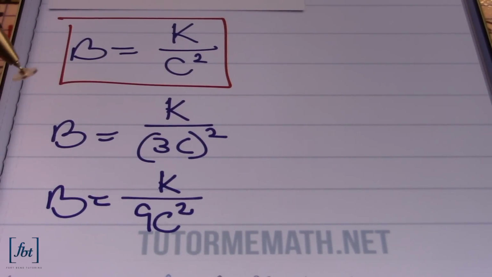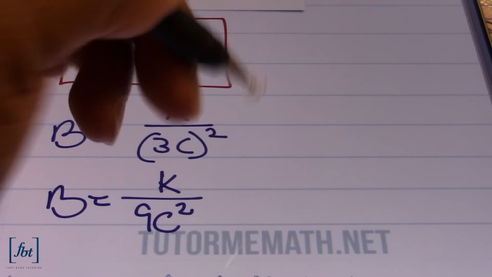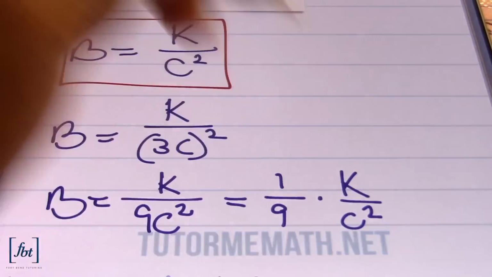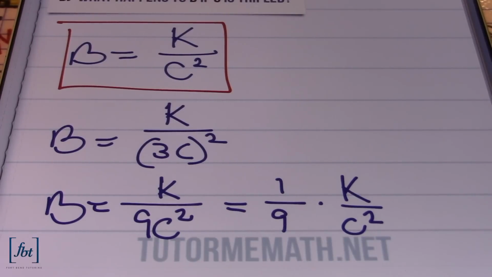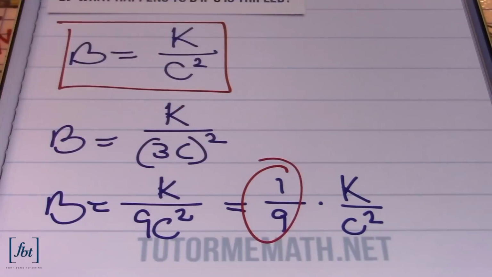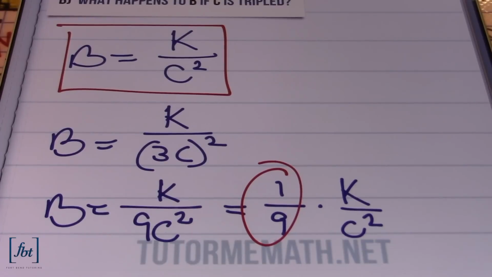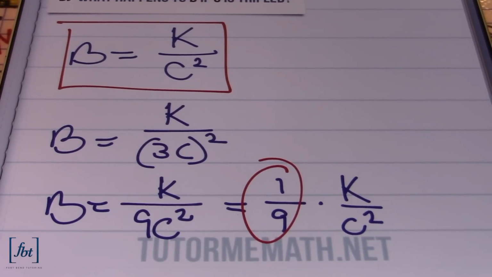When you compare this K over 9C squared with the original K divided by C squared, it can be shown to be the product of 1/9 and our original K over C squared. So our original value of B will now be 1/9 of its original value. By using 3 times the value of C, your end result for B will be 1/9 of its original value.